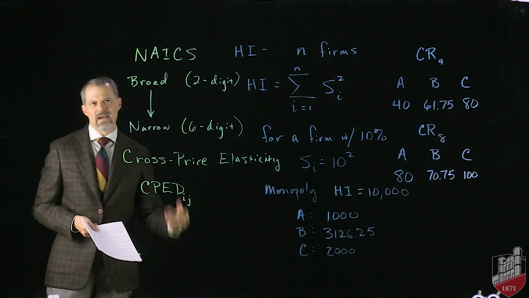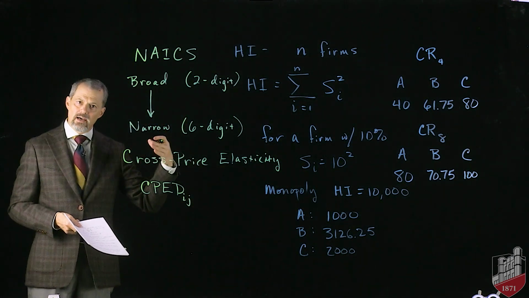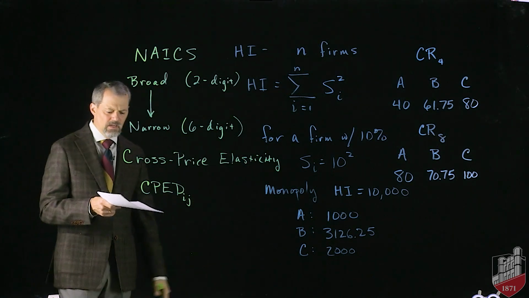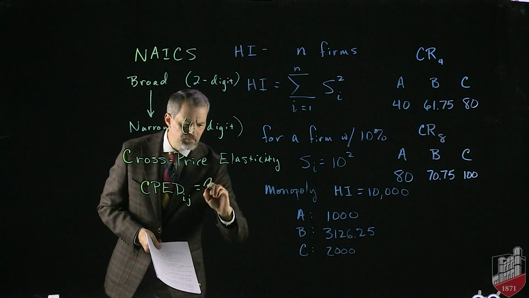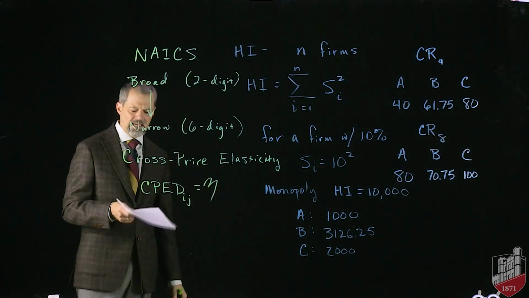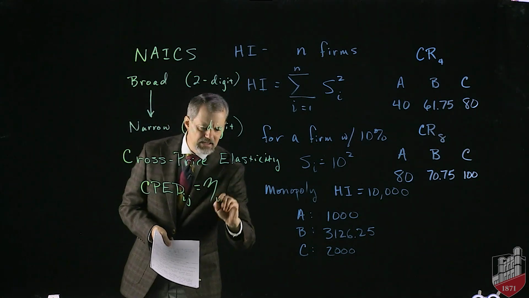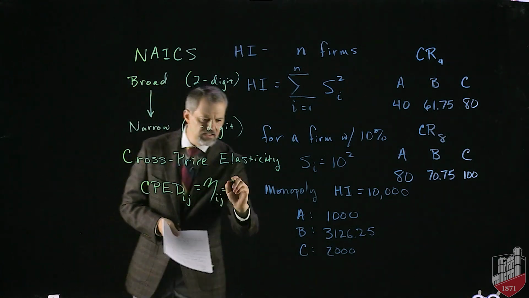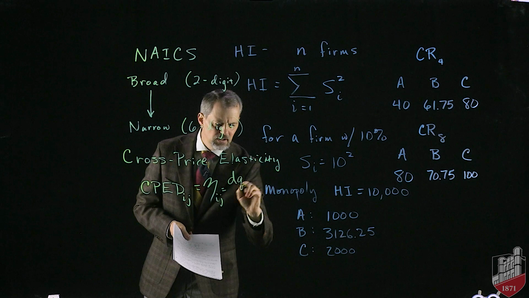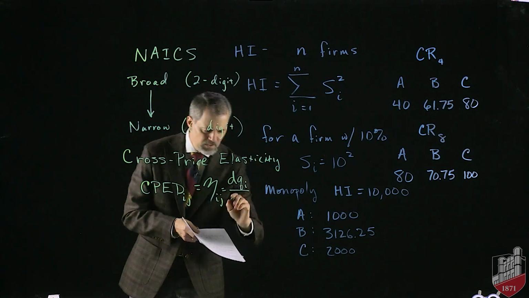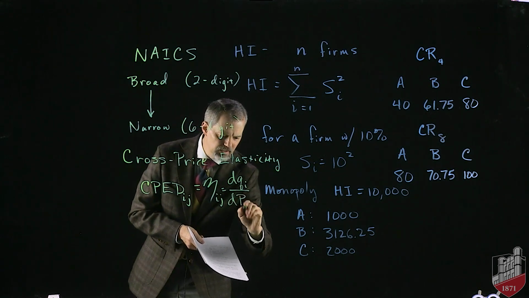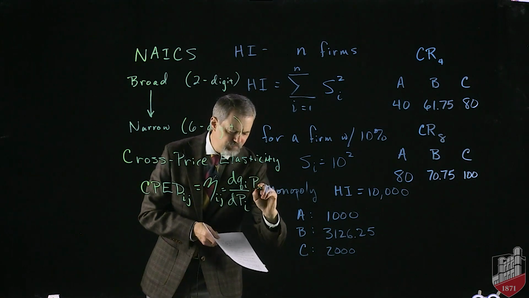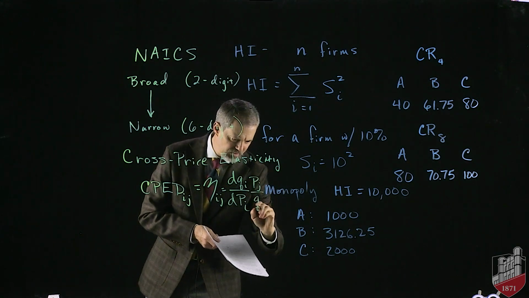So we're thinking about demand for good I and how it responds to a change in the price of good J. Some textbooks use Greek eta, IJ. But the definition would be the change in quantity of good I with respect to a change in the price of good J, and then we have price of good J divided by quantity of good I.